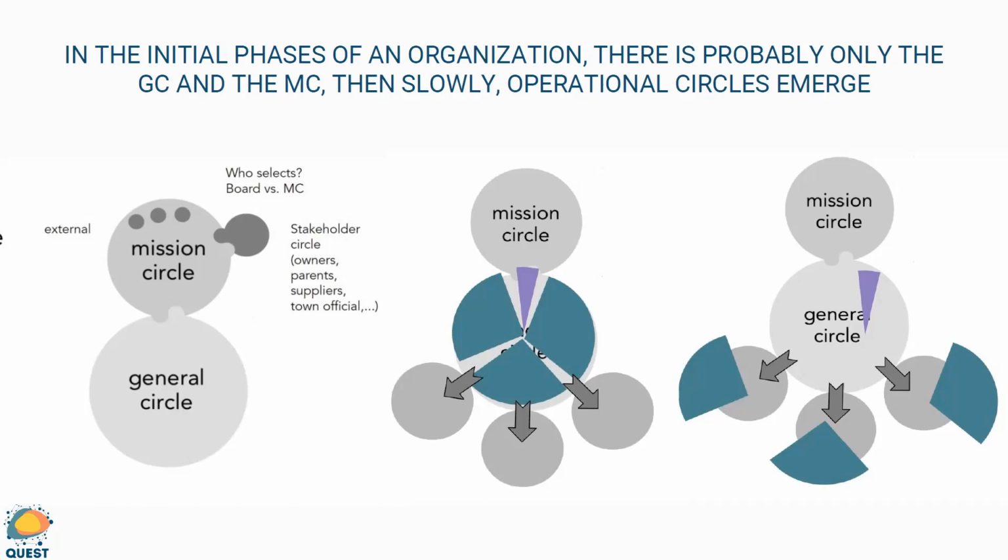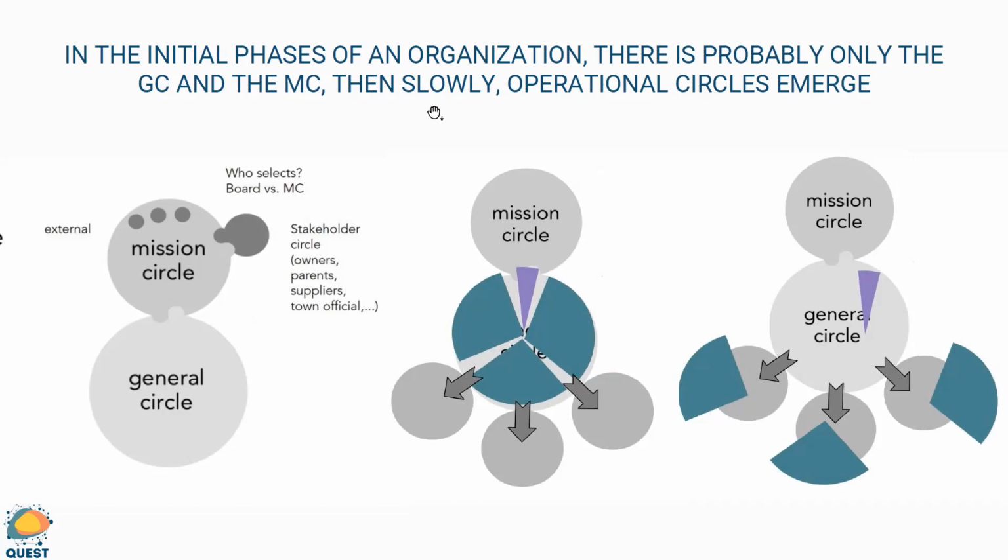But at the end of the day, not all of them might continue working in the practicalities of the school. Some of them remain in the mission circle, being the guardian angel of the vision, and others will start working in the operation, and so they will join the general circle. So in a second phase, there will be the mission circle and the general circle.